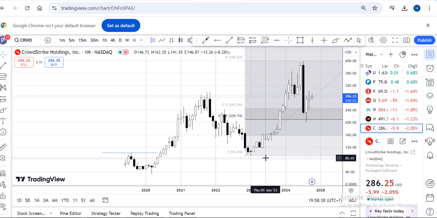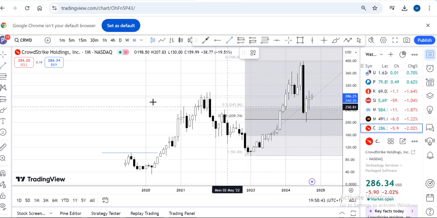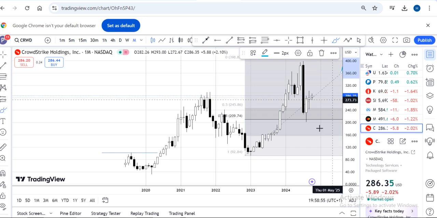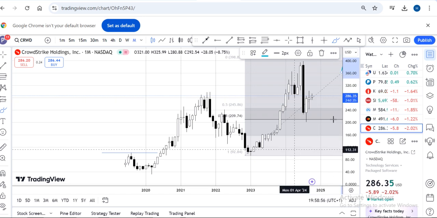This is CrowdStrike, basically a software company. So this is their stock. All these levels here, these levels we find at this point, are all called market price. Are you with me?